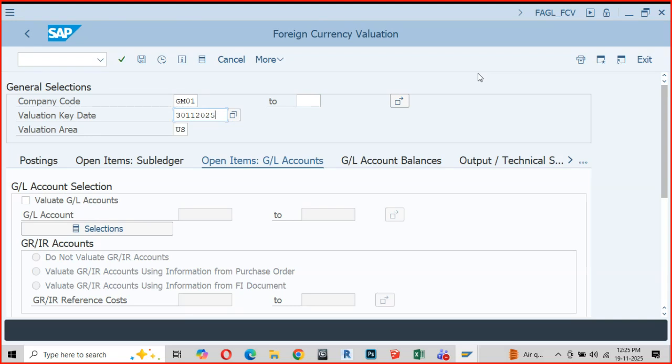Am I incurring a loss or making profit through the foreign currency transactions? So what should be my decision? It is all taken care of by this particular program. And the frequency of executing this program is directly proportional to the frequency of the foreign currency transactions.